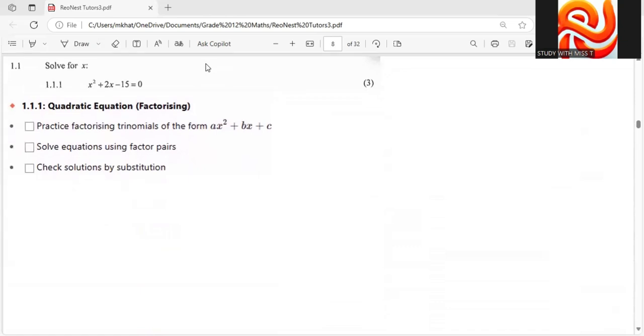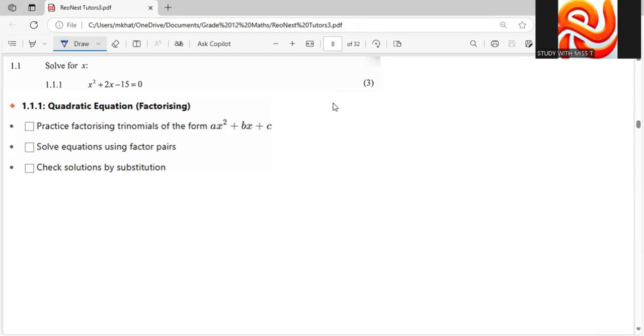So the first question is question 1, whereby you are required to solve for x. The first one, 1.1.1, we have x squared plus 2x minus 15 equals 0. So you're going to solve this quadratic using factorizing.